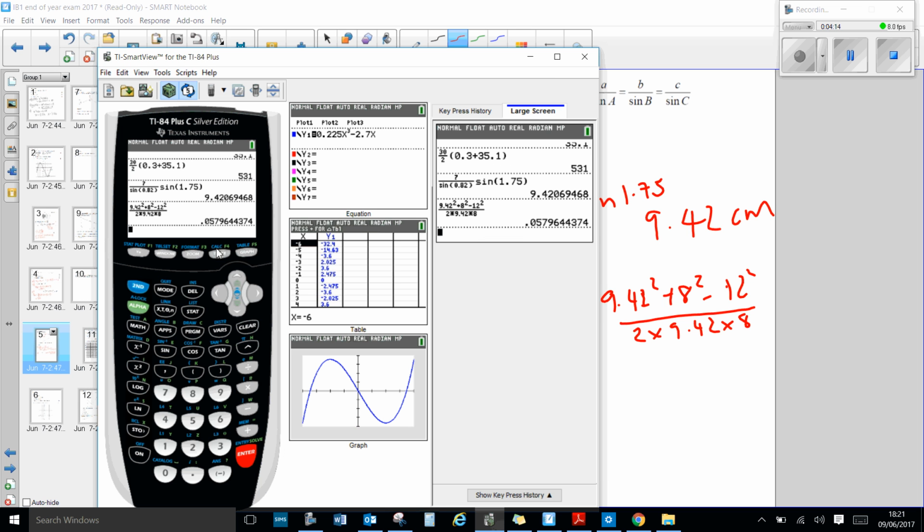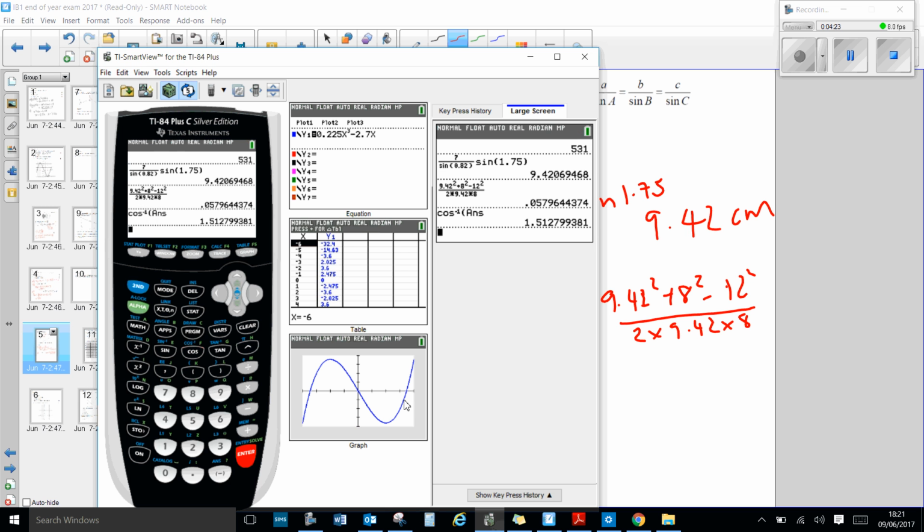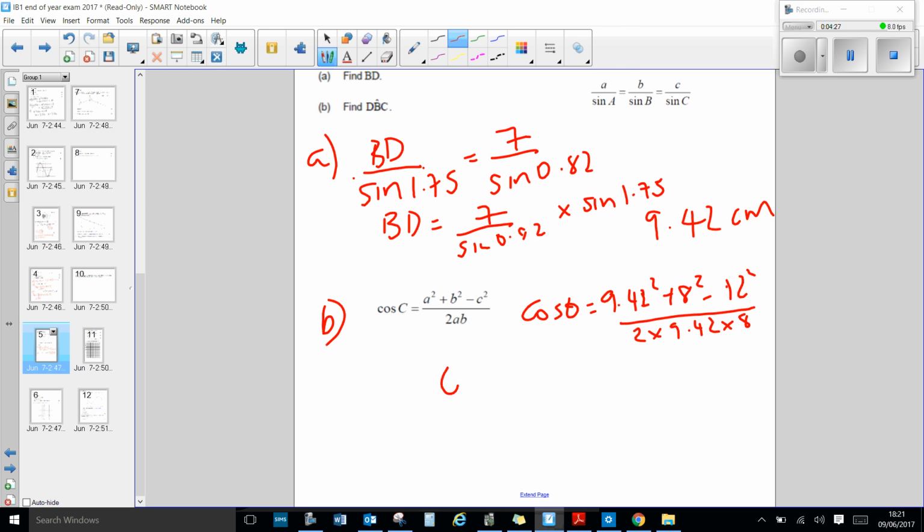And then obviously we need to inverse that because that's the cosine of the angle. So second cos, which gives us 1.51. So theta equals 1.51 radians. Lovely.